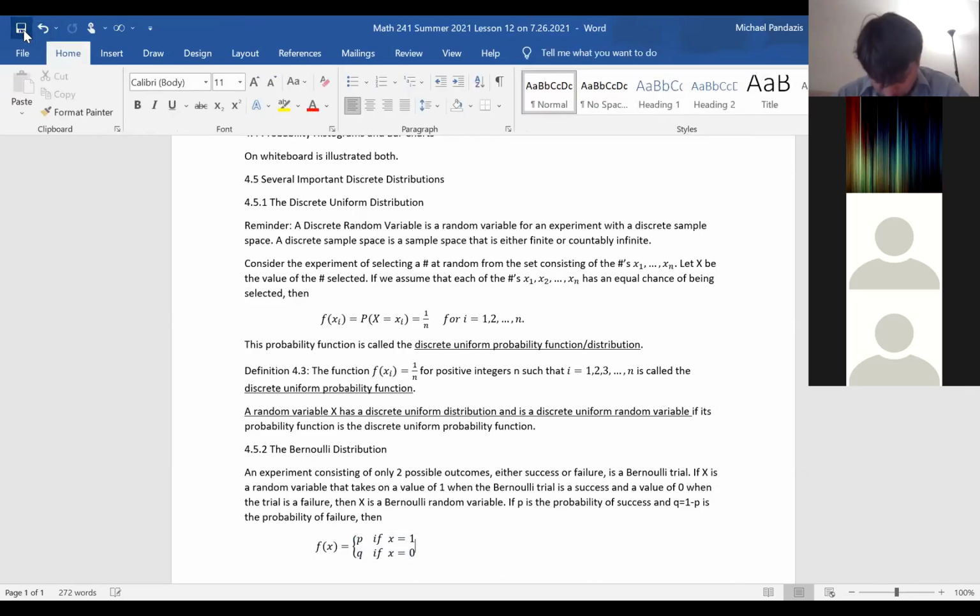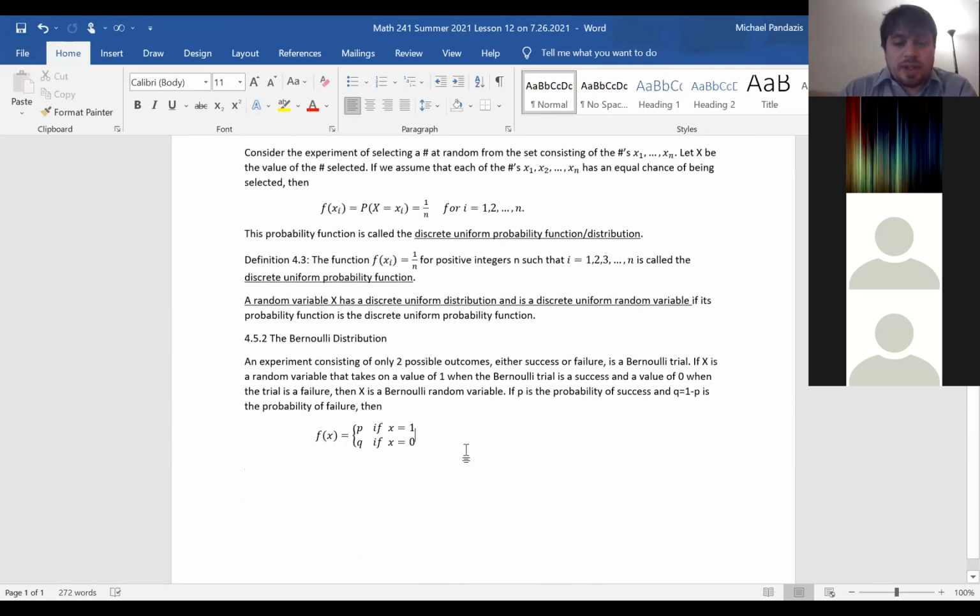So the probability of success is P and the probability of failure is Q, but X takes a value of 1 for a success and a value of 0 for failure.